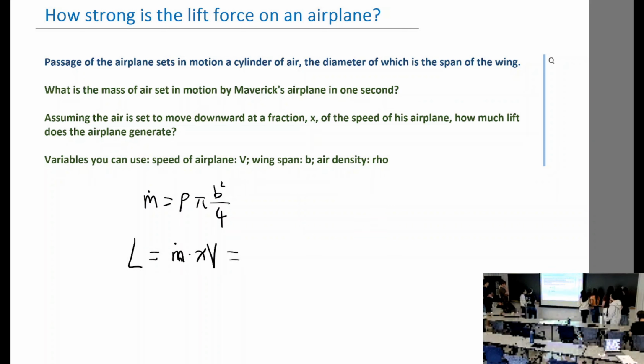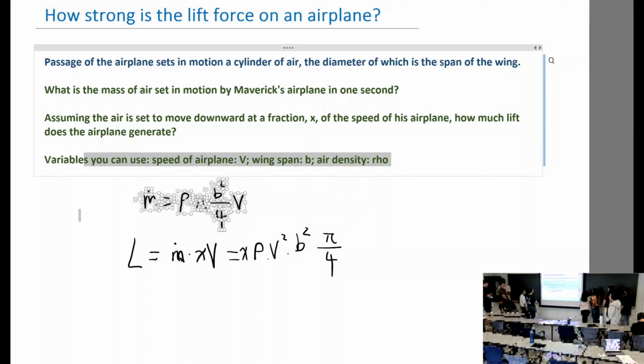Which when you plug in is equal to rho times v squared times b squared times pi over 4, times x, right? You all got the same answer here? Yeah, with x. Thank you.